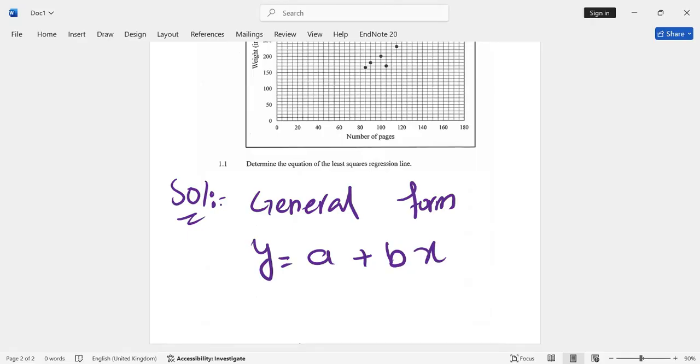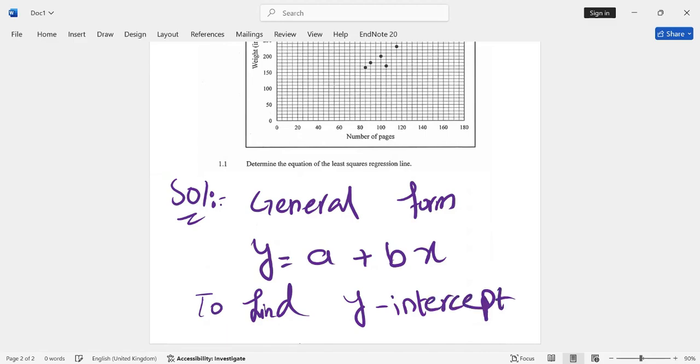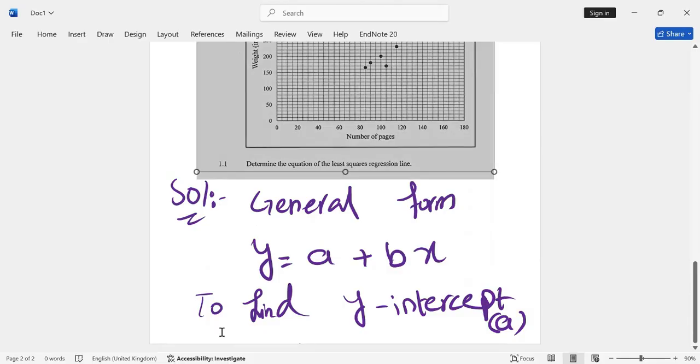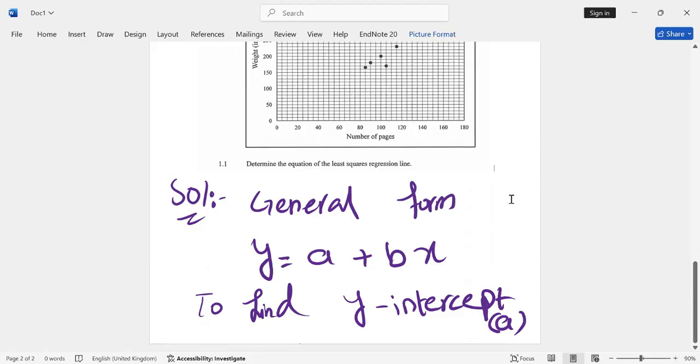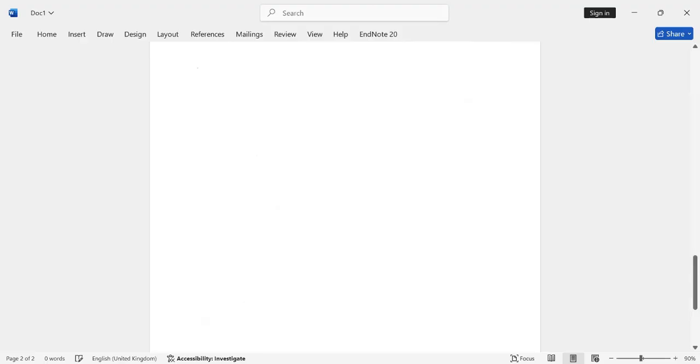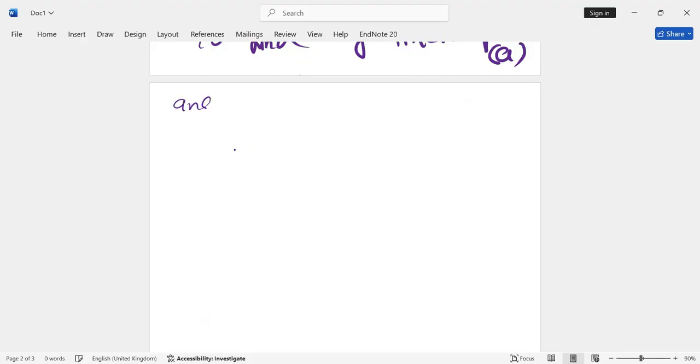We have to use the formula to find the y-intercept, that is a, and we have the gradient, which we call b.